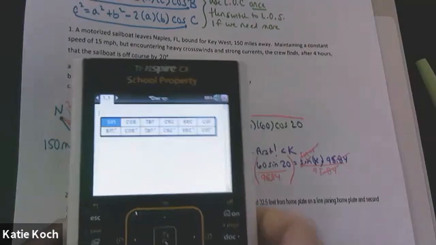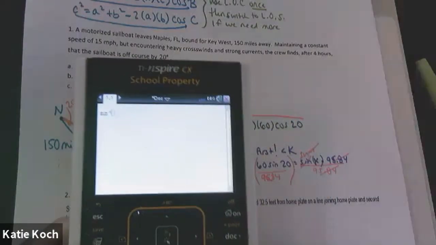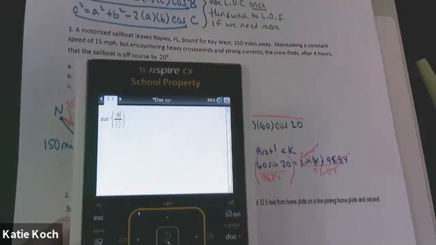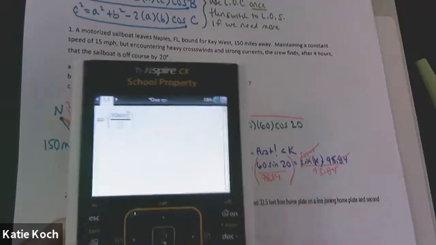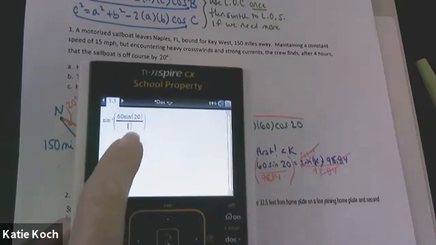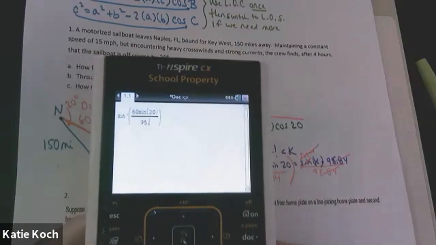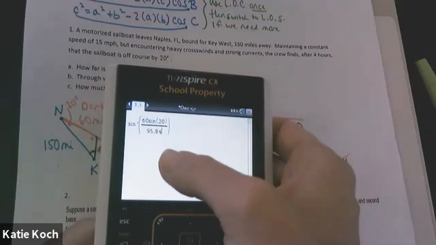Trig, inverse sine, because I'm solving for an angle. Control division. 60 times the sine of 20 divided by, now if I had that number, that 95.84, I really don't want to round it, so try not to round it.